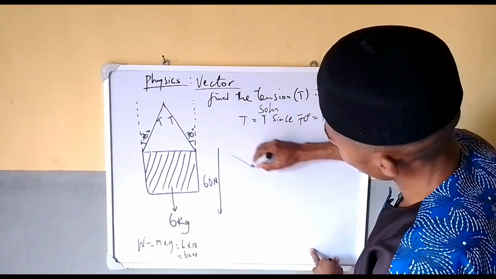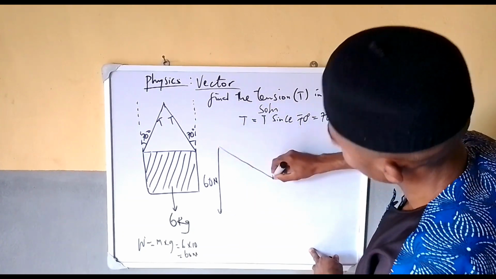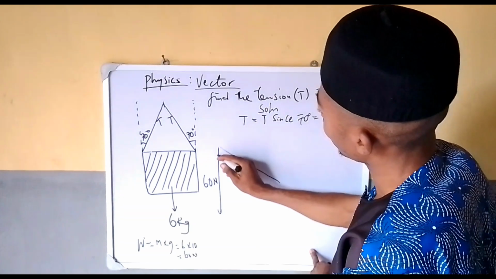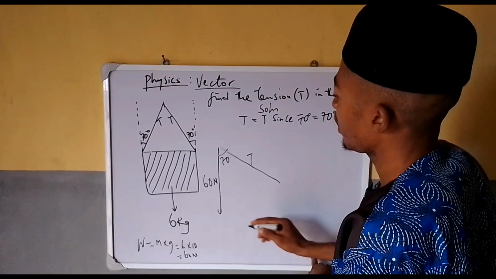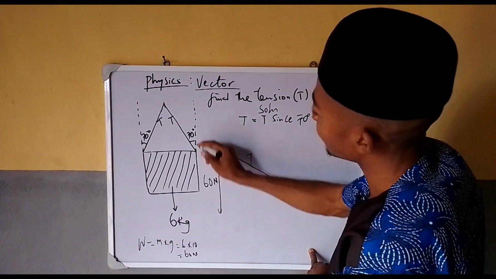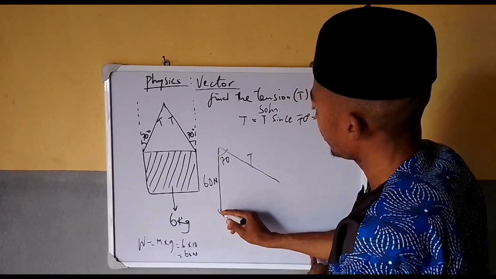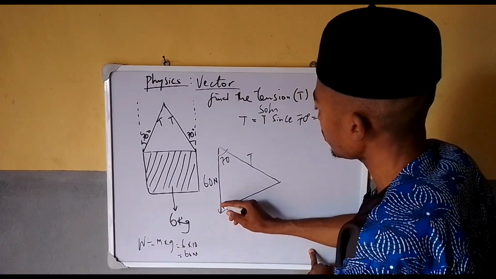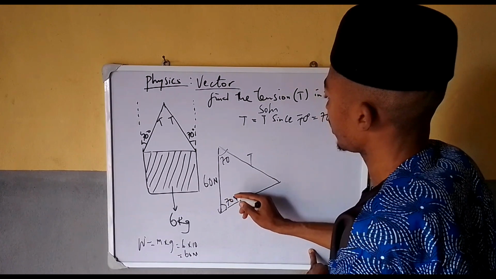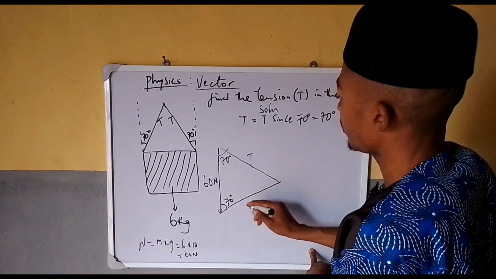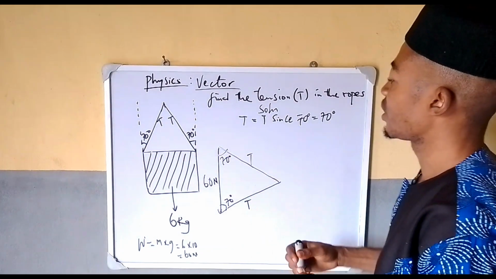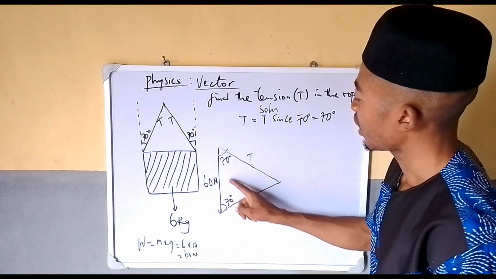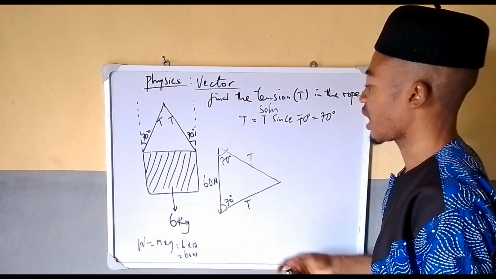So the first force is inclined at 70 degrees. So this is my T. And the second one is also inclined at 70 to the vertical. So this is another 70 here, and this is my T as well. Having done that, we can find the angle inside this triangle.